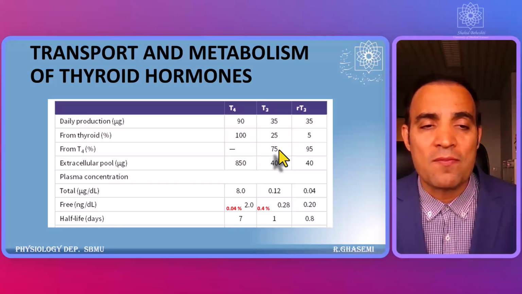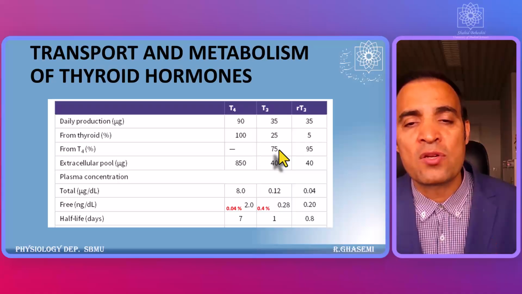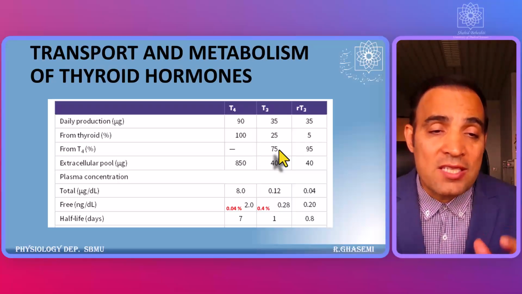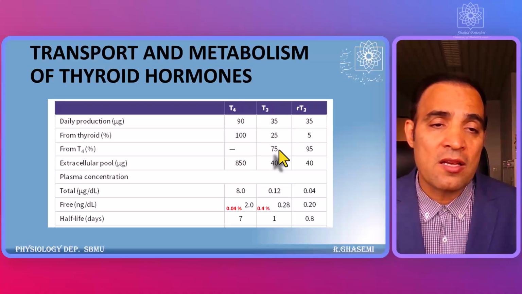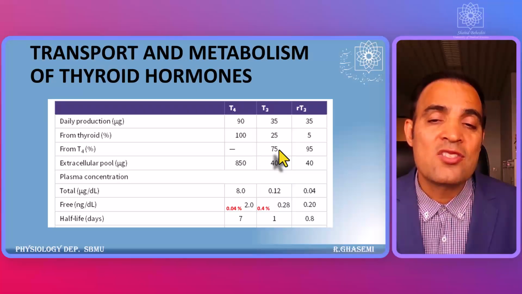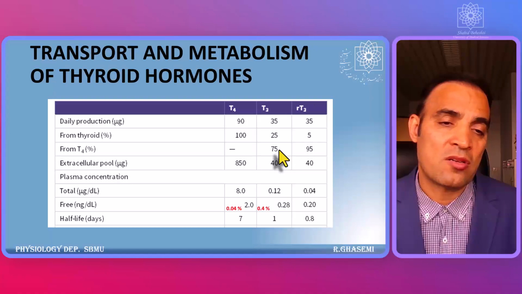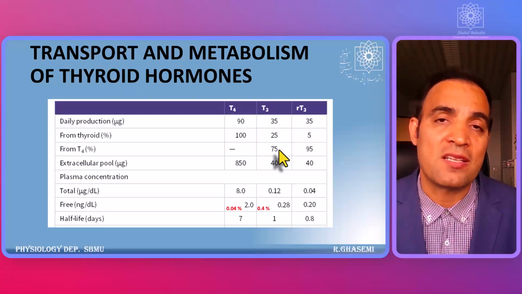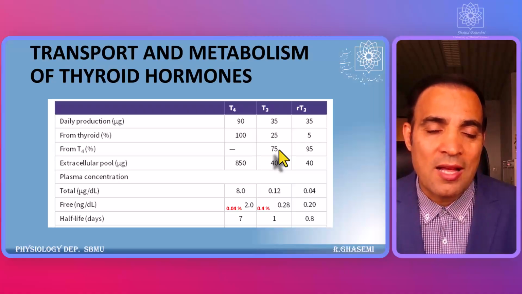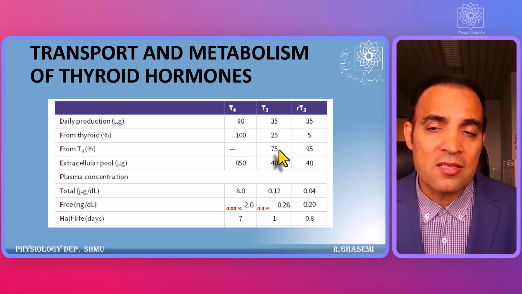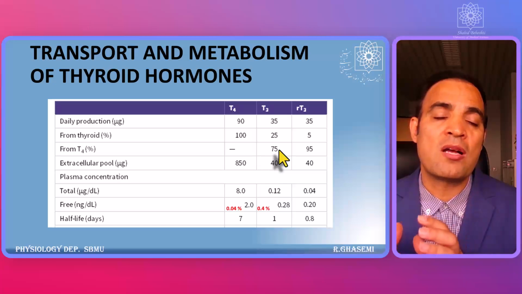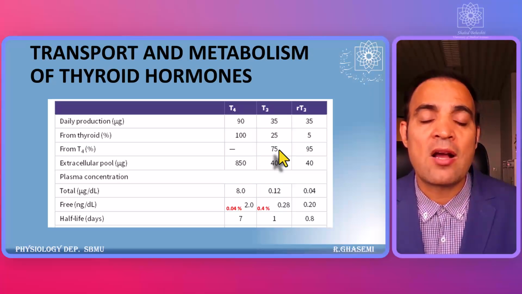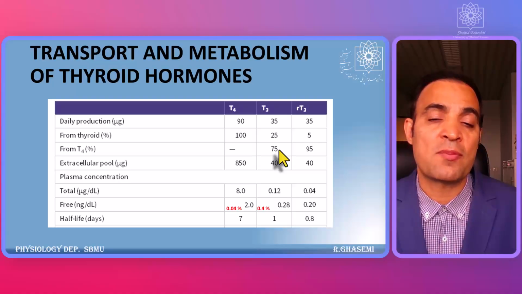In the plasma, the total T4 that we have is just 8 microgram per deciliter. From this, just 2 nanogram is in the free form. It shows that the remaining is bound to the transporting proteins, and the half-life of T4 is about 7 days.